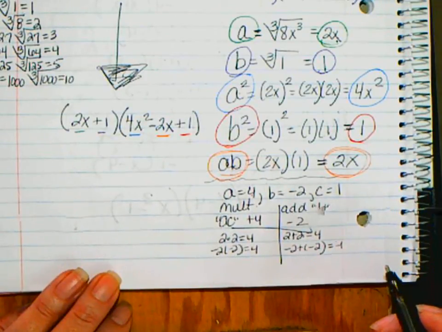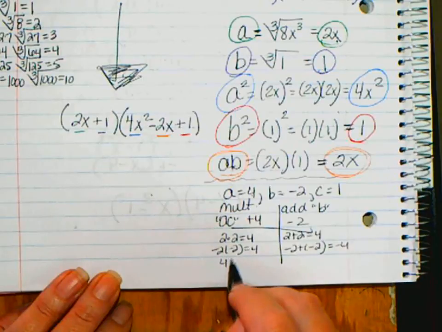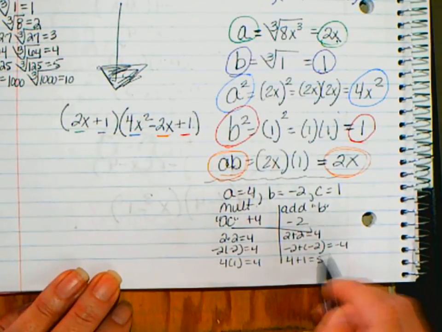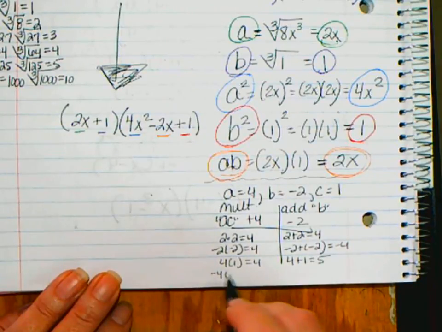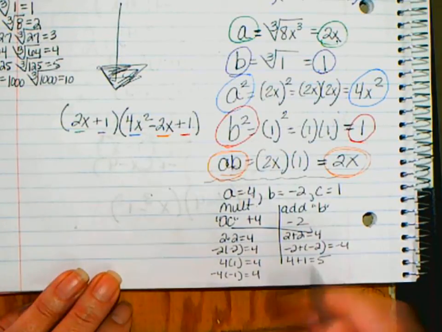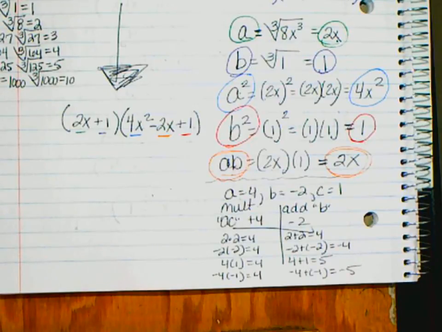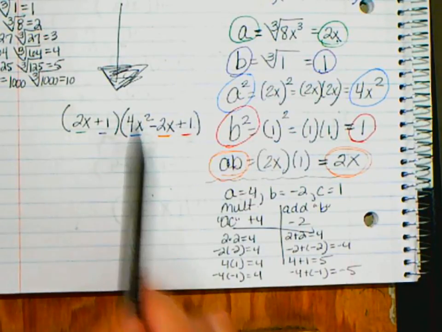4 times 1. Alright. 4 times 1 is 4. And 4 plus 1 is 5. And if I did the negatives, that wouldn't work either, right? Is there anything else that I can multiply together to get 4? No. So if I've exhausted all of my possibilities and nothing's going to work, then that tells me this quadratic's not factorable.